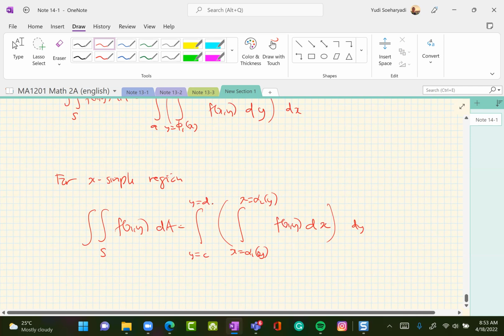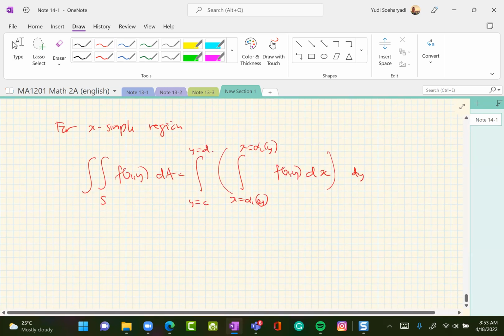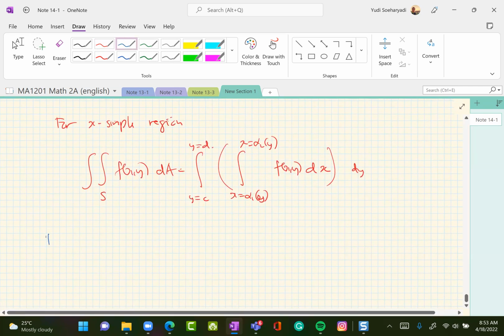So we'll continue with the example from this computation. The idea is how to switch back and forth between the order of integration. The problem is how to switch the integration order.